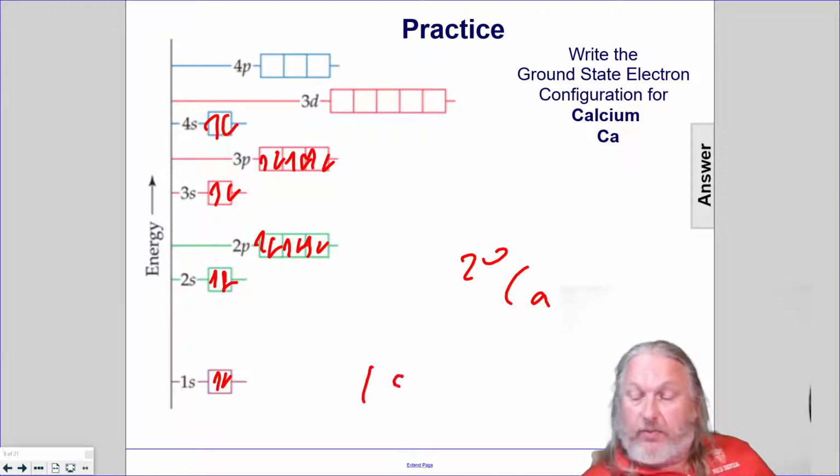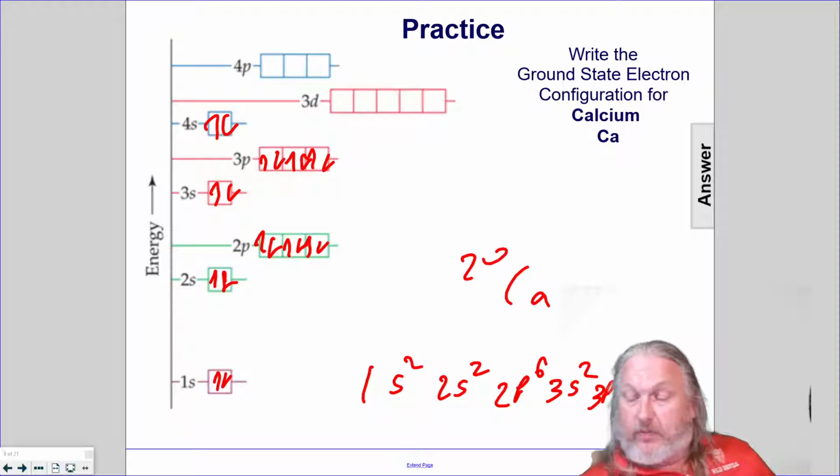Let's write it out. 1s2, 2s2, 2p6, 3s2, 3p6. And then, of course, 4s2. I add all those up, and they should equal 20, and they do.